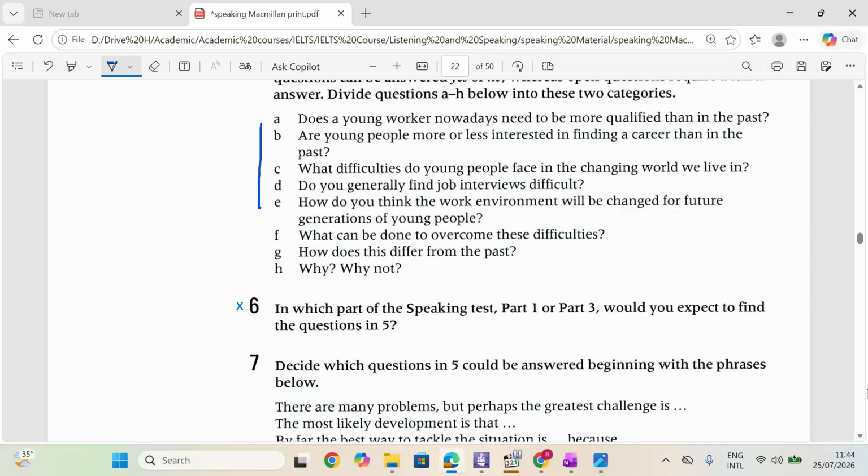Furthermore, the younger generation faces immense psychological pressure due to economic uncertainty and high expectations. While life is faster now, building mental resilience and continuous learning are key to overcoming these hurdles.